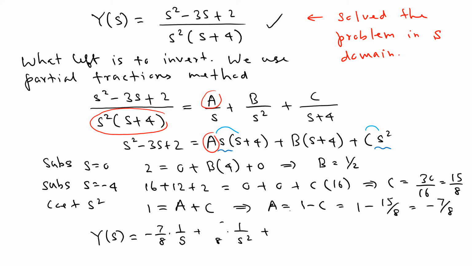So B is 1/2 here, and then you're going to get C, which is 15 over 8 times 1 over s plus 4. So you can see that this is Y of s. You write Y of s as a partial fraction. That's the partial fraction decomposition.